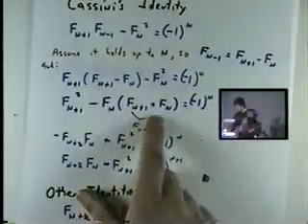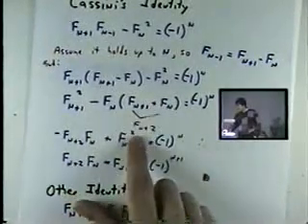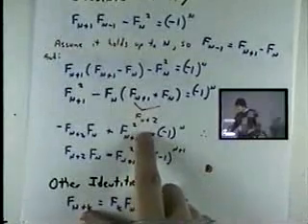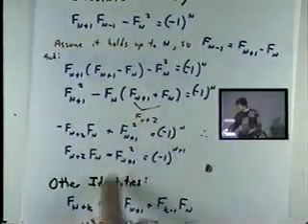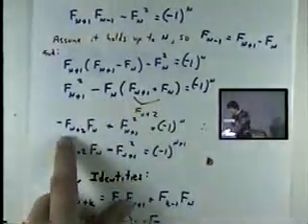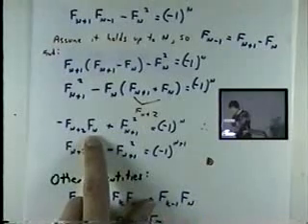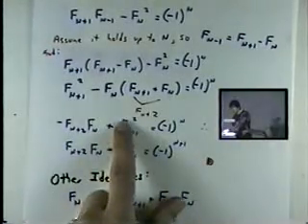Now that you've got these two, f sub n plus 1 and f sub n, that can be written as f sub n plus 2. Okay? This tells us that this sum is now minus f sub n times f sub n plus 2 plus f sub n plus 1 squared.